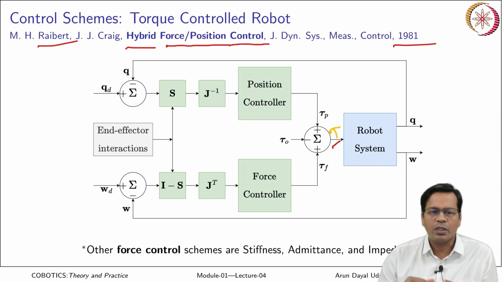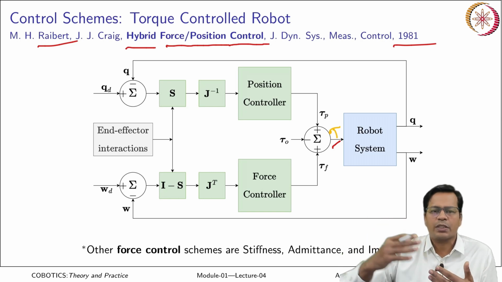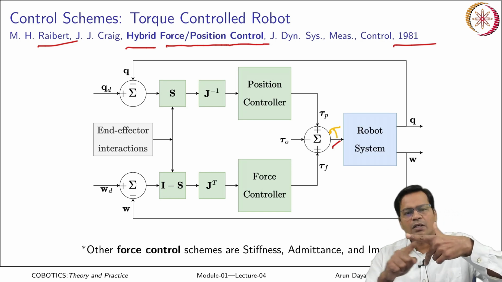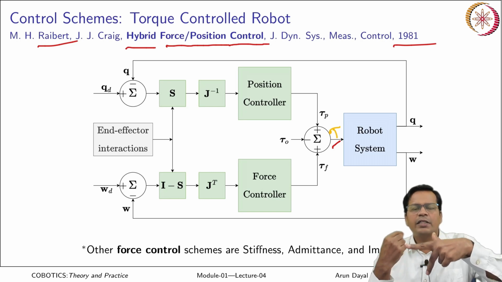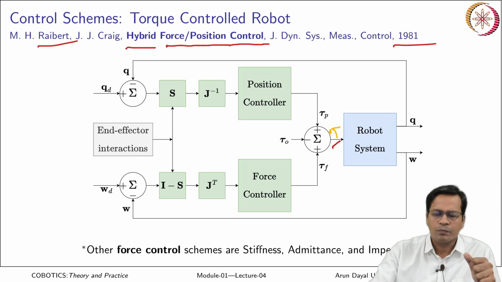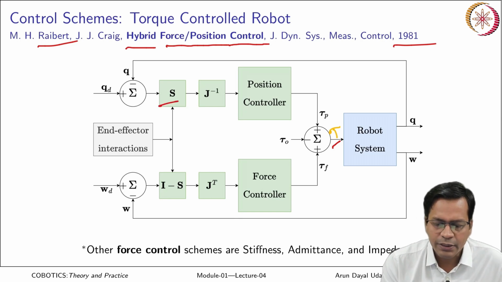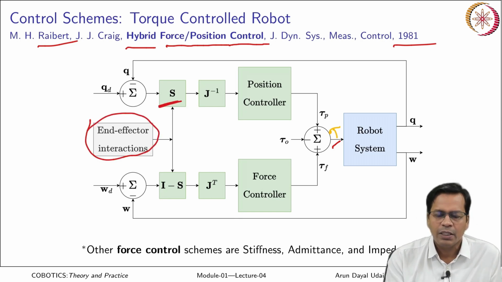Basically, in this controller, the task space of the robot was split in two, position and force control, in orthogonal spaces. Let us say if it needs, it can put force control along this direction, and in the remaining two directions it can have position control. This is a compliance selection matrix that detects the end effector interaction.